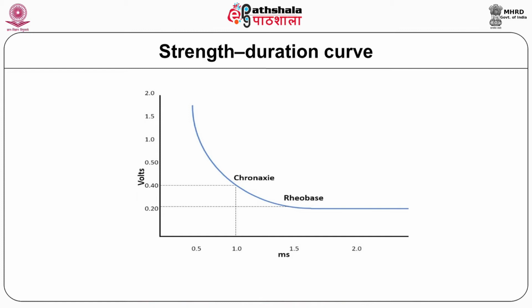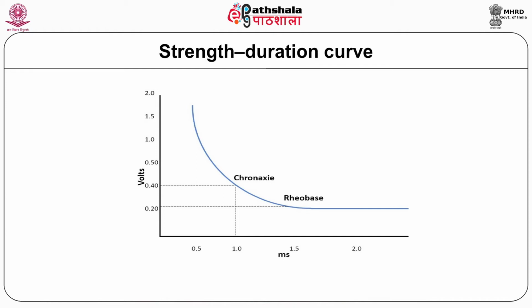Figure number 4 shows the strength duration curve, depicting the amount of energy it takes to capture the heart. Rheobase is the point at which the plateau begins and roughly resembles the minimum voltage requirement to capture the heart. The point at which twice the rheobase voltage meets the curve is defined as chronaxie.